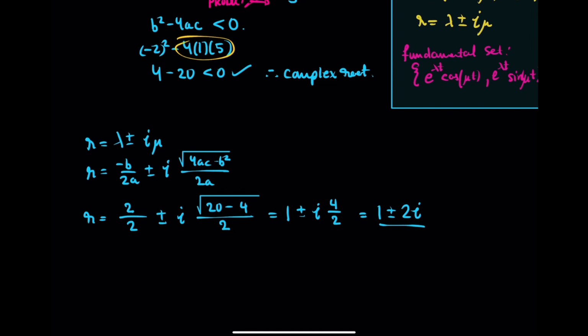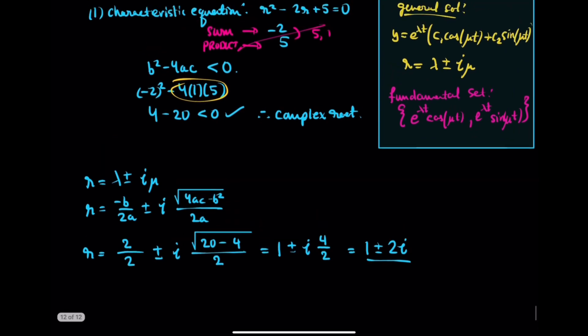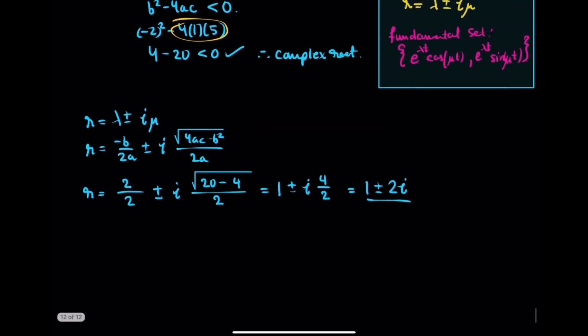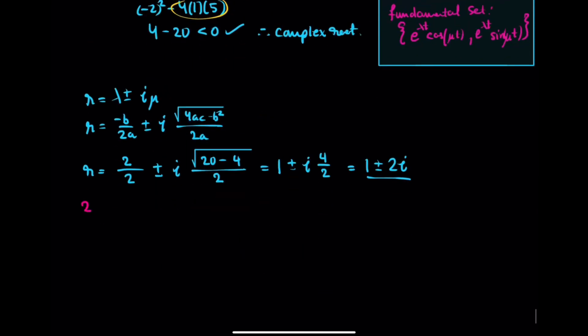So now that you've found your r, that's great, because now we can get the fundamental set. We have e again, so this is lambda, and this is i, and this is mu.